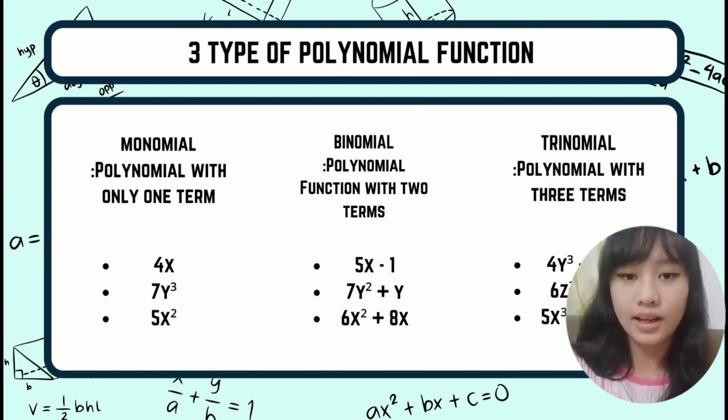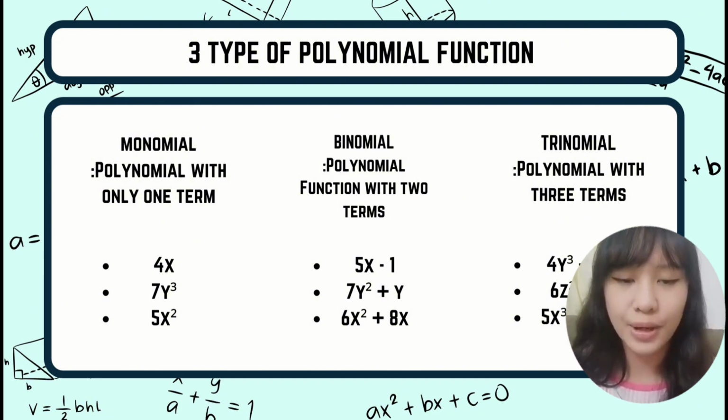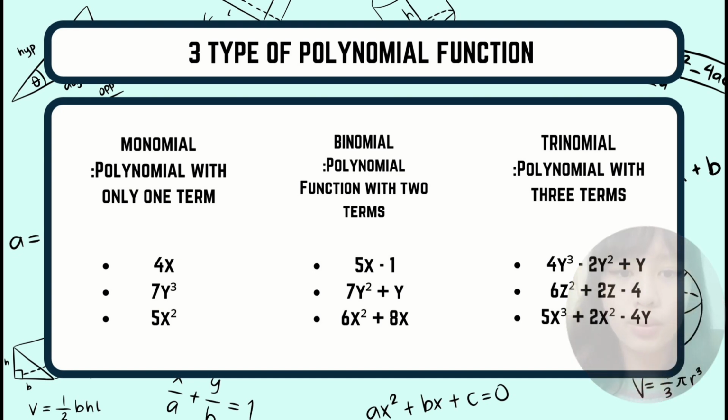And lastly, trinomial. These are polynomial functions with three terms. For example, 4y cubed minus 2y squared plus y, 6c squared plus 2c minus 4, and 5x cubed plus 2x squared minus 4y.